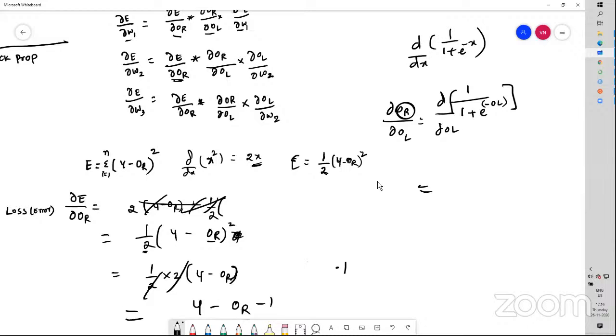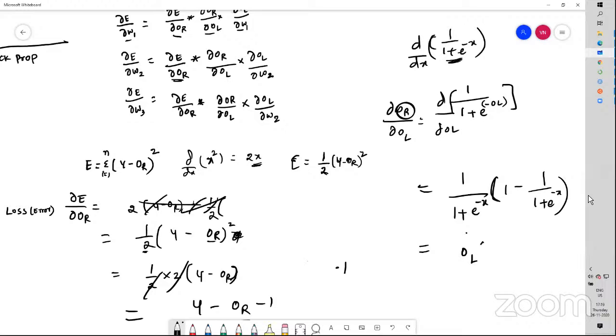This is generally given by 1 by 1 plus e to the power of minus x into 1 minus 1 by 1 plus e to the power of minus x. So this is the derivative of 1 by 1 plus e to the power of minus x.